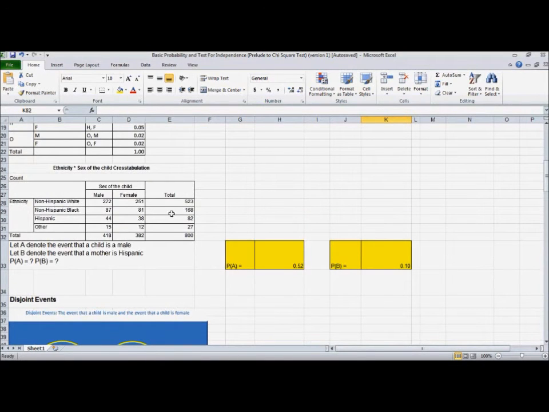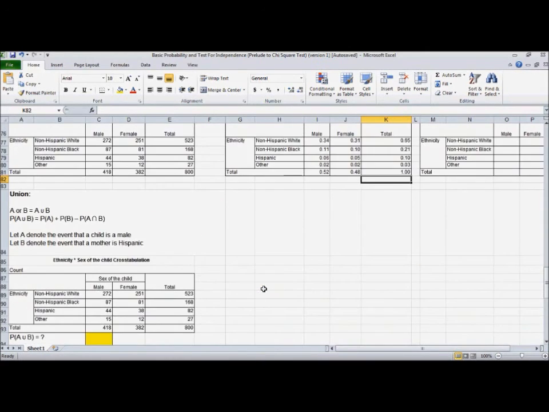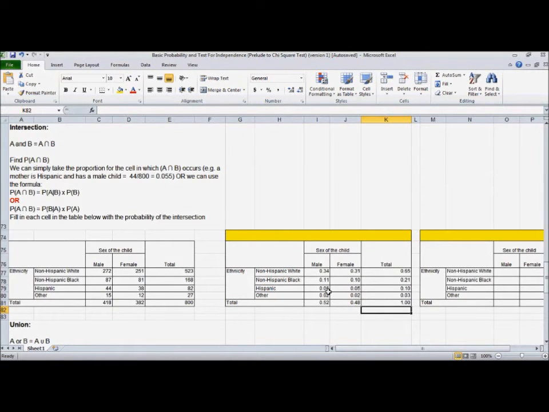So we have a contingency table here with counts, and we have a contingency table here with probabilities. Now we can use the same rules; these formulas apply. Instead of using counts, we could use a table of probabilities. So we have a full table of probabilities here.